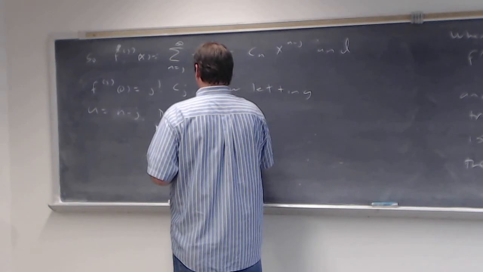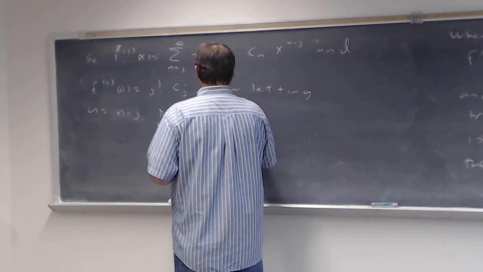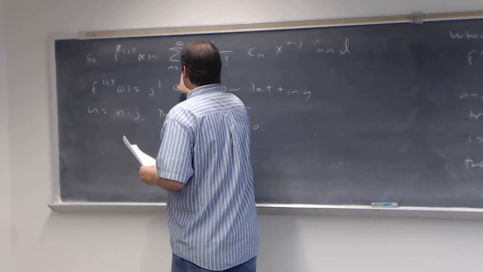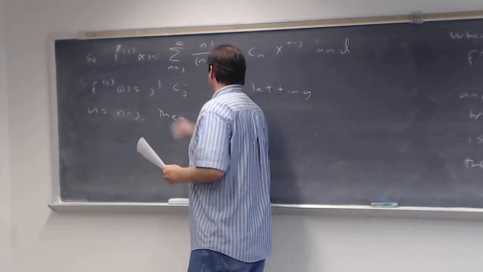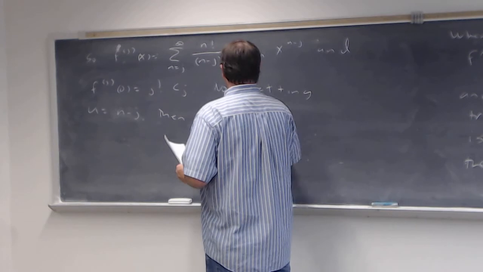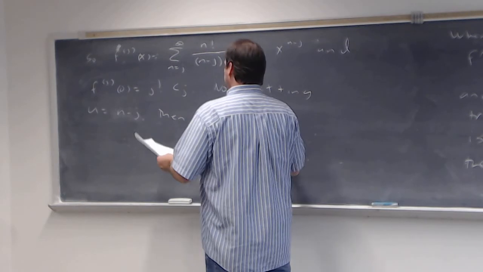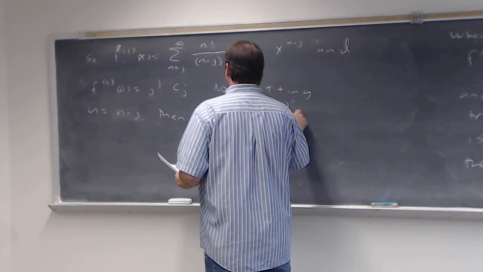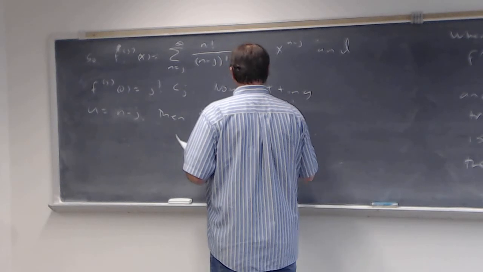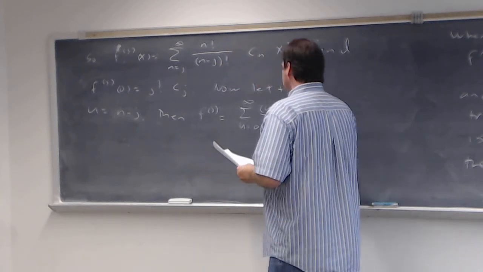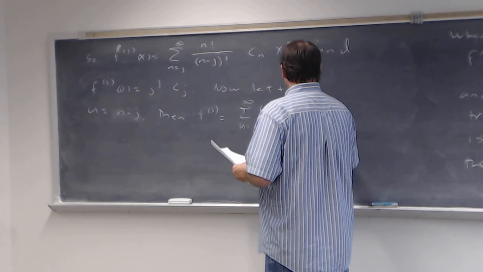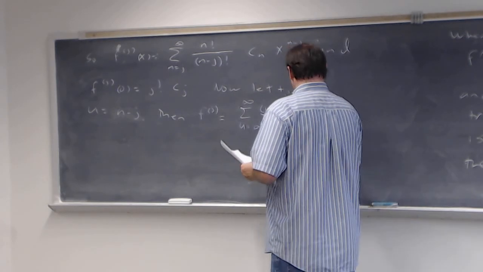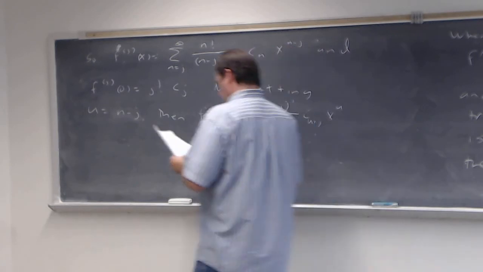I'm going to have it in u. n starts off at its lowest as j, and j minus j is 0, so u goes from 0 to infinity. n will be u plus j. So it's u plus j factorial over u factorial, c sub u plus j, x to the u. That's what we have.